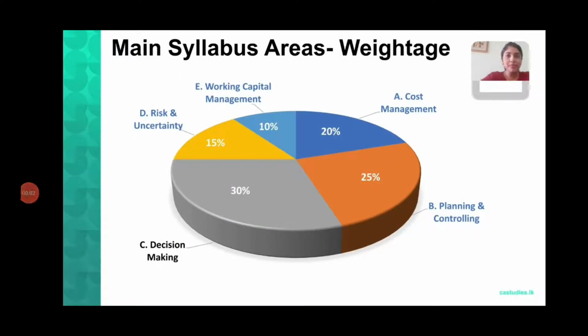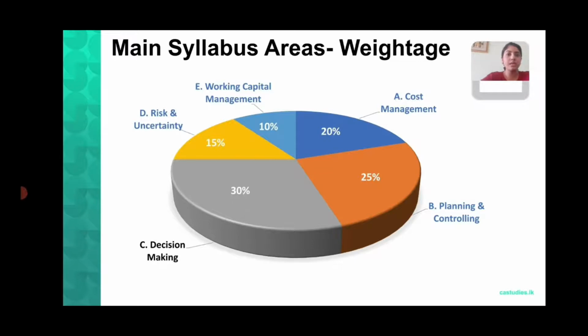Now let's look at the main syllabus areas, which means the weightage provided by CA Sri Lanka to your syllabus. So the highest weightage, as you could see, is 30% from Part C, decision making. Why is it so? Because you're at the corporate level, one level before being qualified as a professional, because you're at the 3rd level and there are 4 levels.